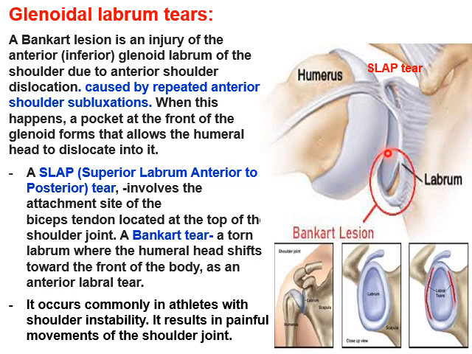So to differentiate between these two tears, the SLAP is usually at the site of the biceps tendon attachment, and the Bankart's is located antero-inferiorly and shifts towards the front of the body as an anterior labral tear. It extends anteriorly. And this is very common with athletes with shoulder instability and results in very painful movements at the shoulder joint.